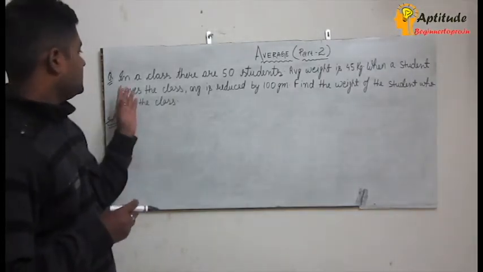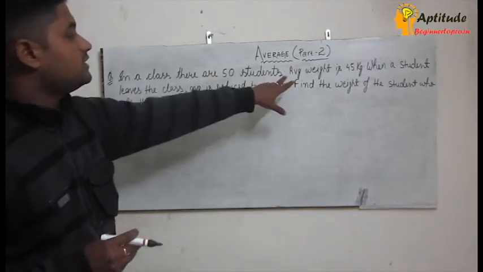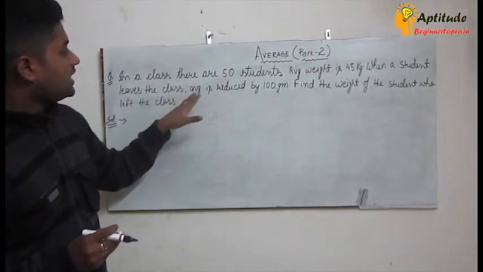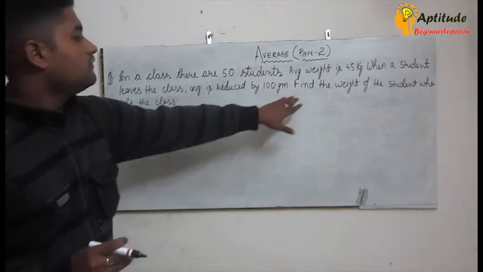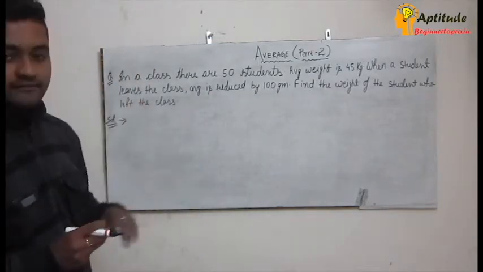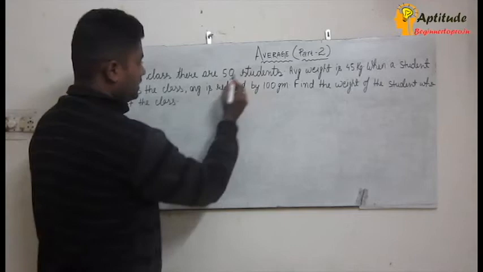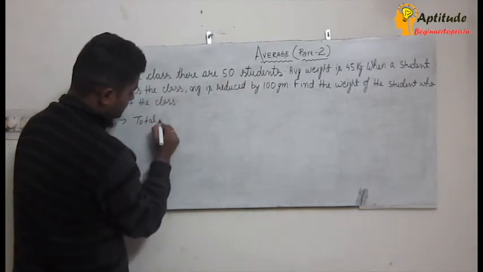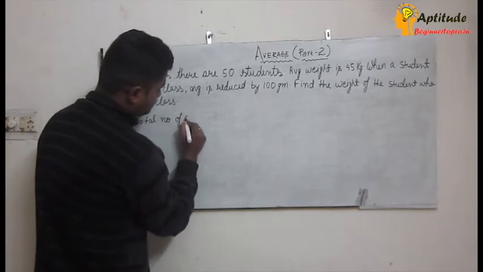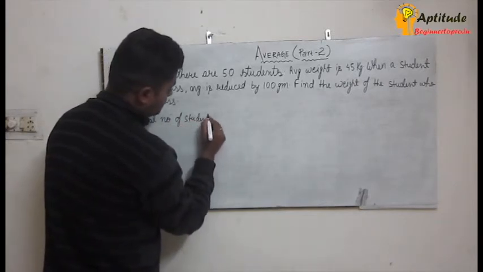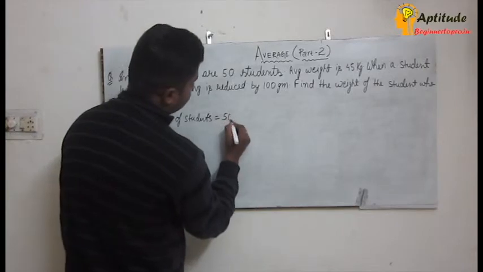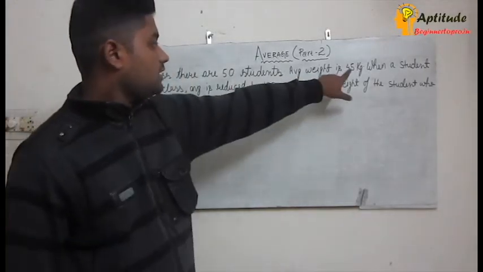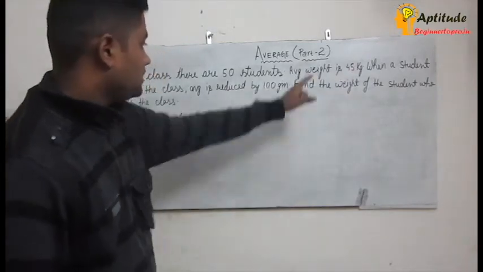The question says, in the class there are 50 students. Average weight is 45 kg. When a student leaves the class, average is reduced by 100 gram. Find the weight of the student who left the class. See, total number of students in a class is how much? Total number of students is 50. Okay. And the average weight of 50 students is given, which is 45 kg.